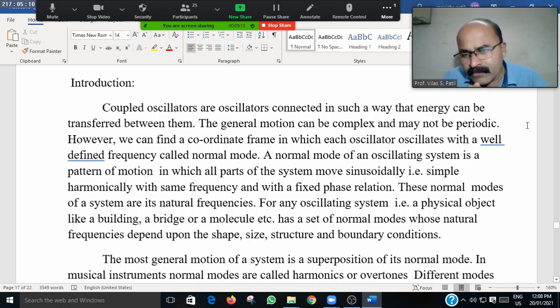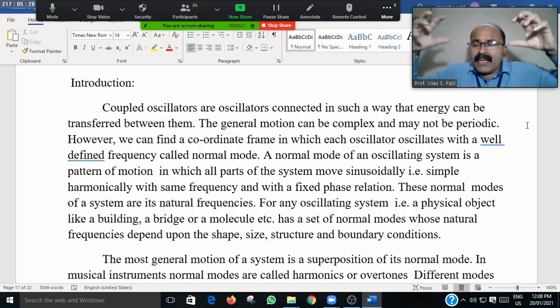You know that a single pendulum oscillating about the mean position has an oscillatory motion that is periodic.